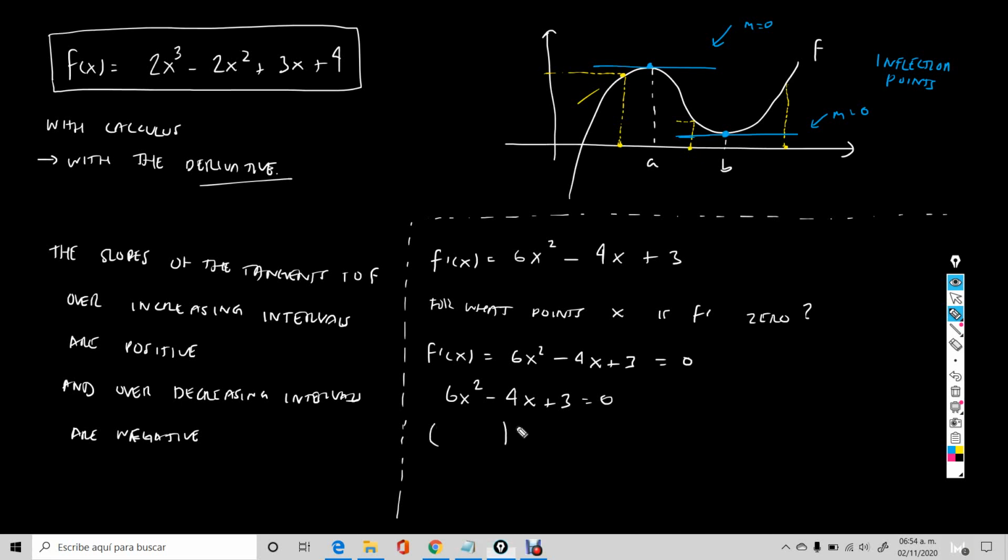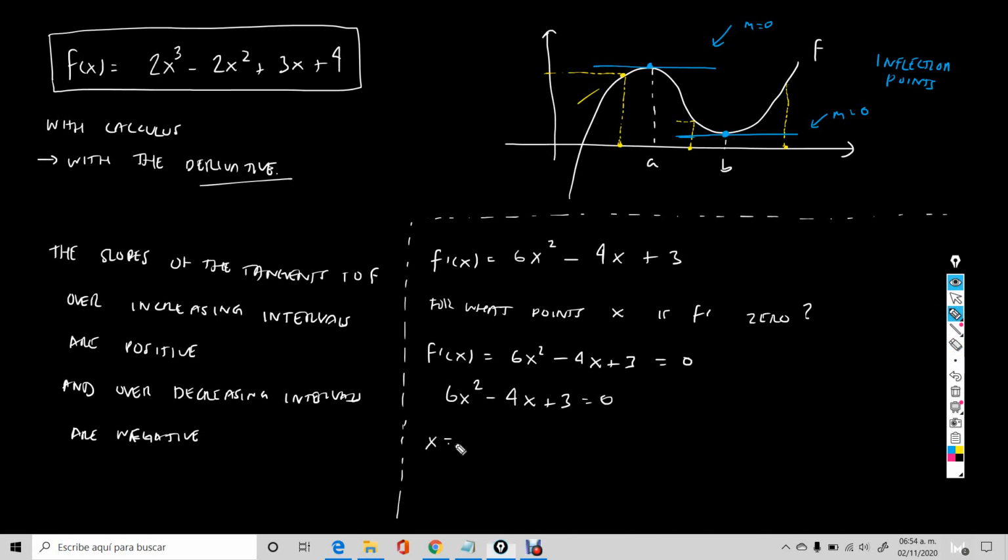Does this have a quick factorization? Let's see. 3x, 2x, 1 and 2. No, it doesn't. So we have to help ourselves with the general formula.